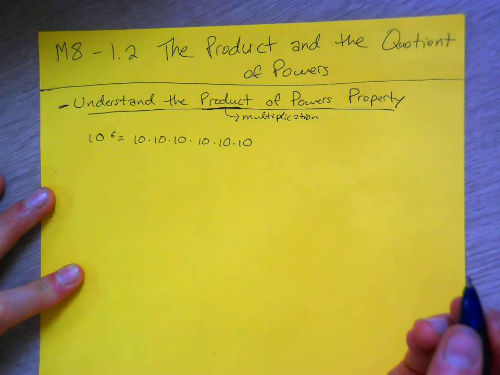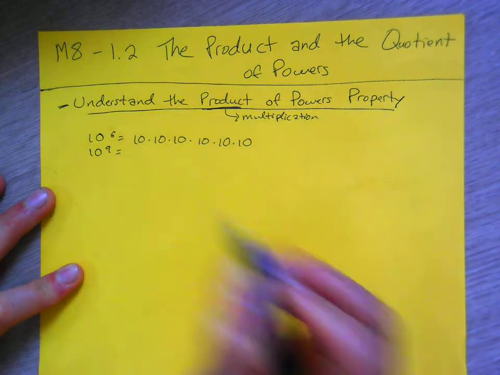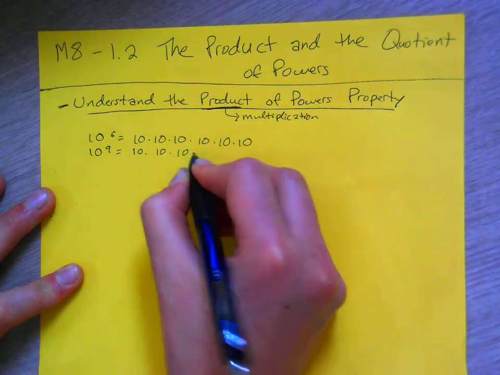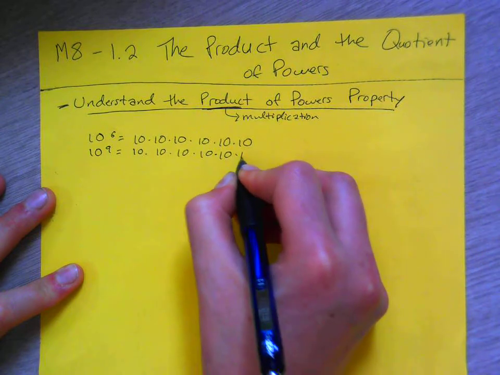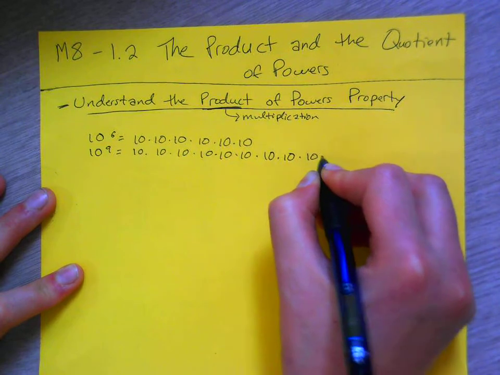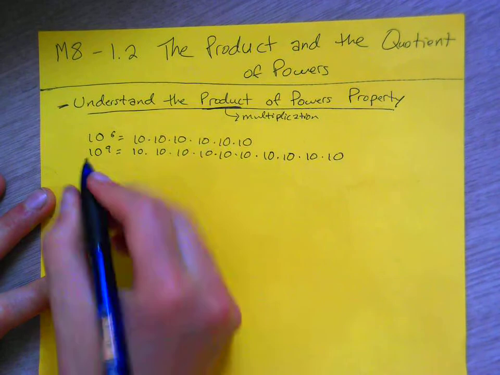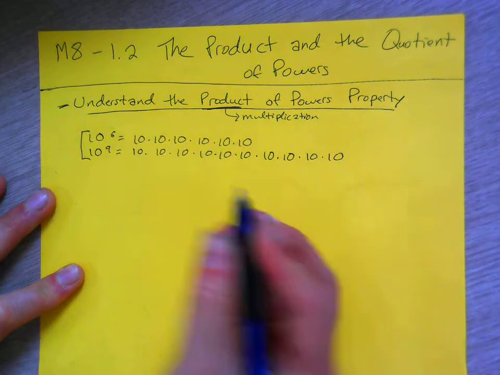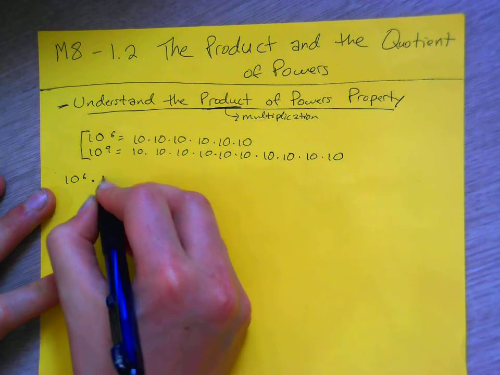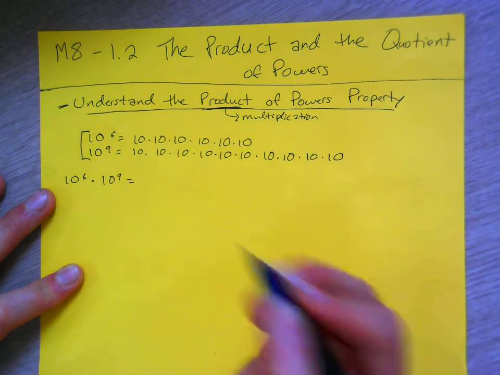We have also learned that 10 to the power of 9 is 10 multiplied by itself 9 times. Now what if we wanted to multiply these two numbers? 10 to the power of 6 times 10 to the power of 9. We want to find what that equals.